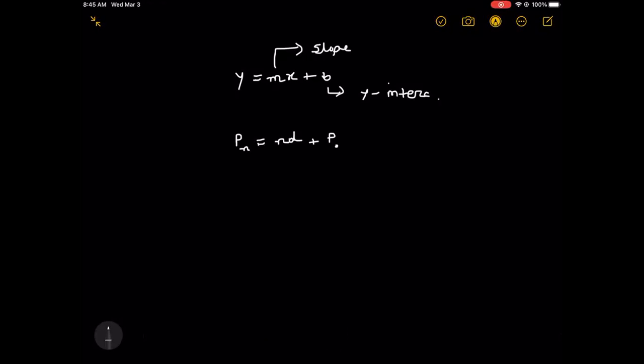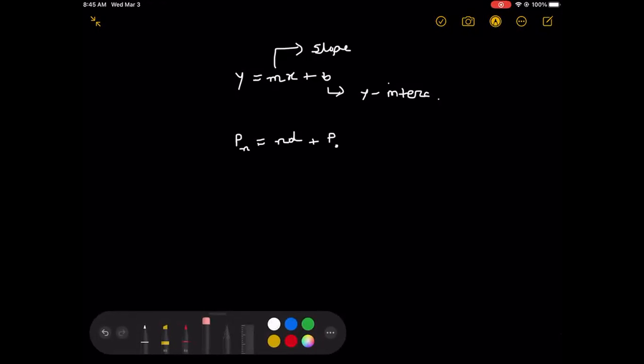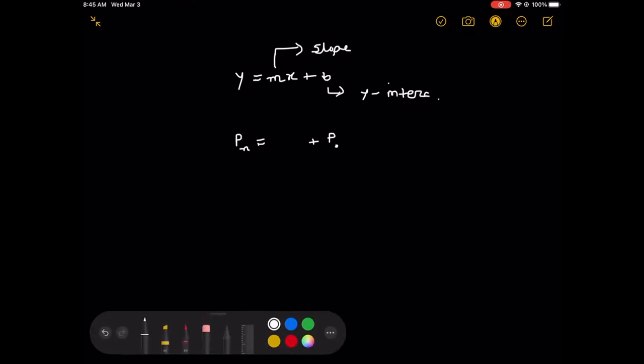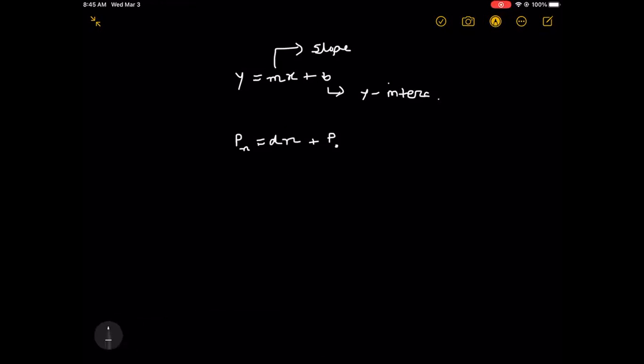So let's see what's the relation here. Let me rewrite it this way so that you can actually see its resemblance to what we have in the equation above this one. So this is again the y-intercept, and this is the slope. You can see it definitely looks pretty similar, the format I'm talking about.